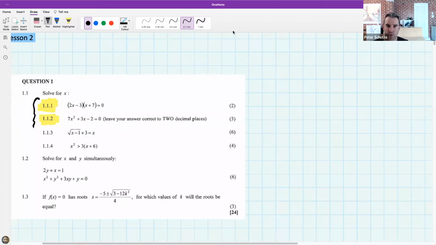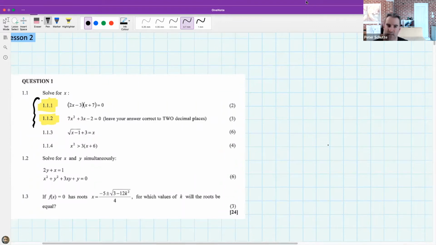Who's got the answer for question 1.1.1? I'd love someone to raise their hand to tell me how they would do 1.1.1, or if you would like me to give some explanation for 1.1.1, just let me know.